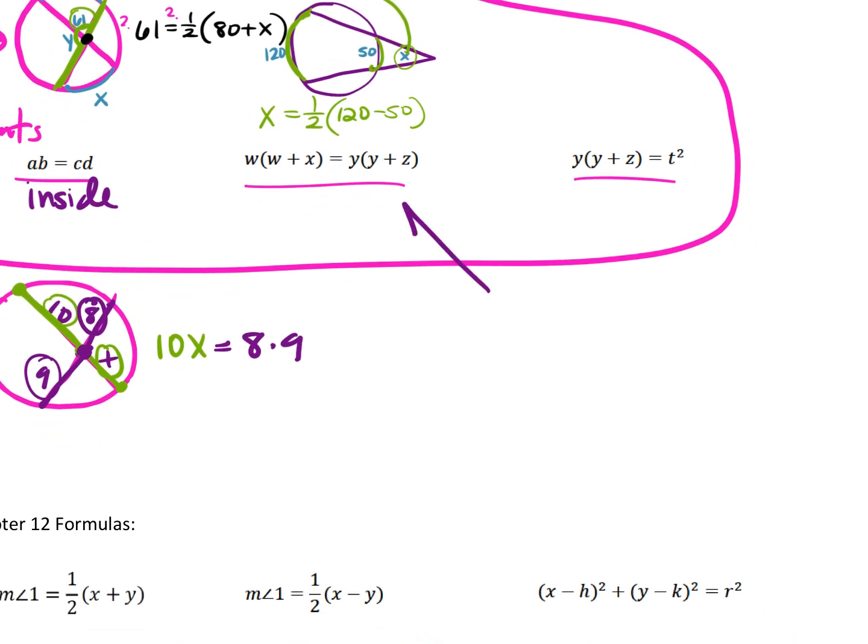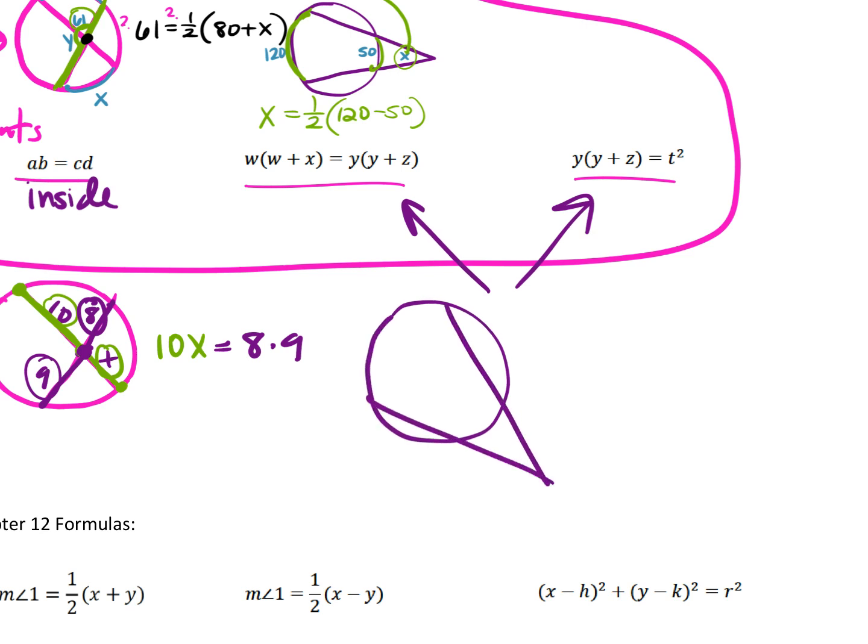If you're using these other two formulas, you're either dealing with a circle with segment lengths like this, so X, 11, 12, and 13.